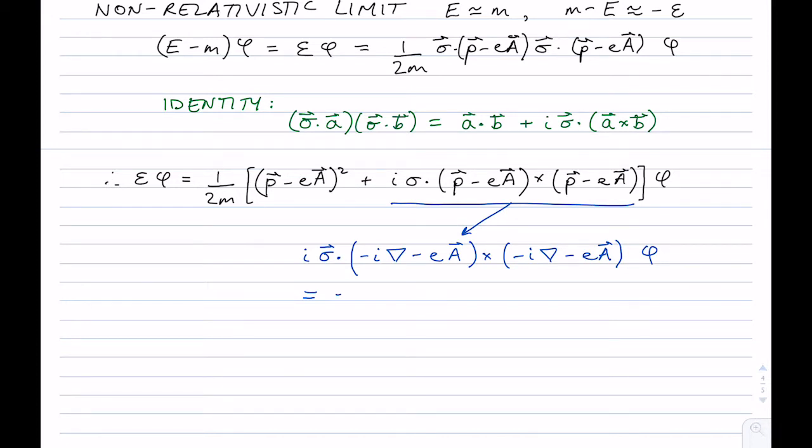We'll take the E outside, E here, sigma dot, and then we're going to have grad cross A and A cross grad applied to phi. And let me write that out kind of explicitly just so that we are completely clear on it. This is like curl of A phi. And this one is A cross grad phi.